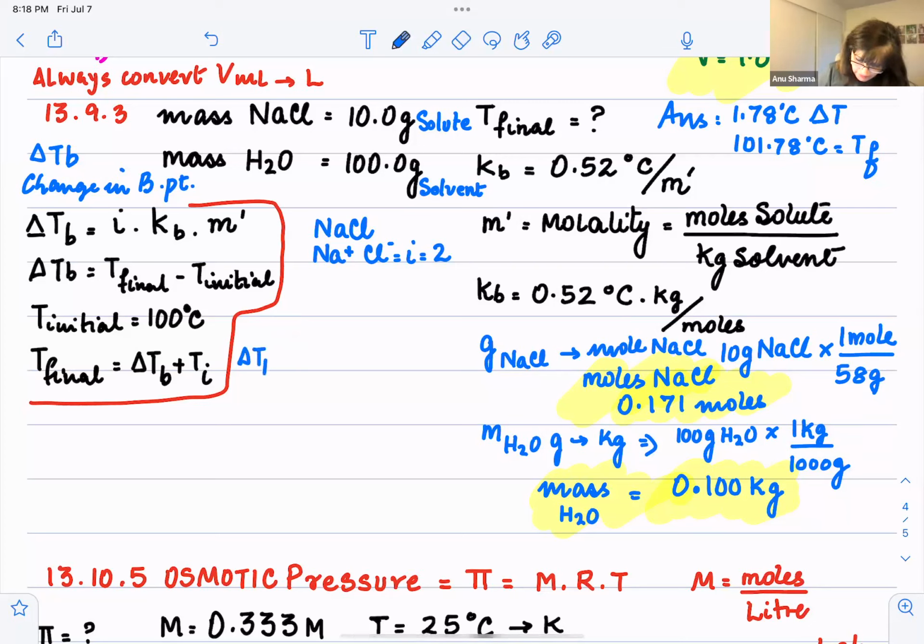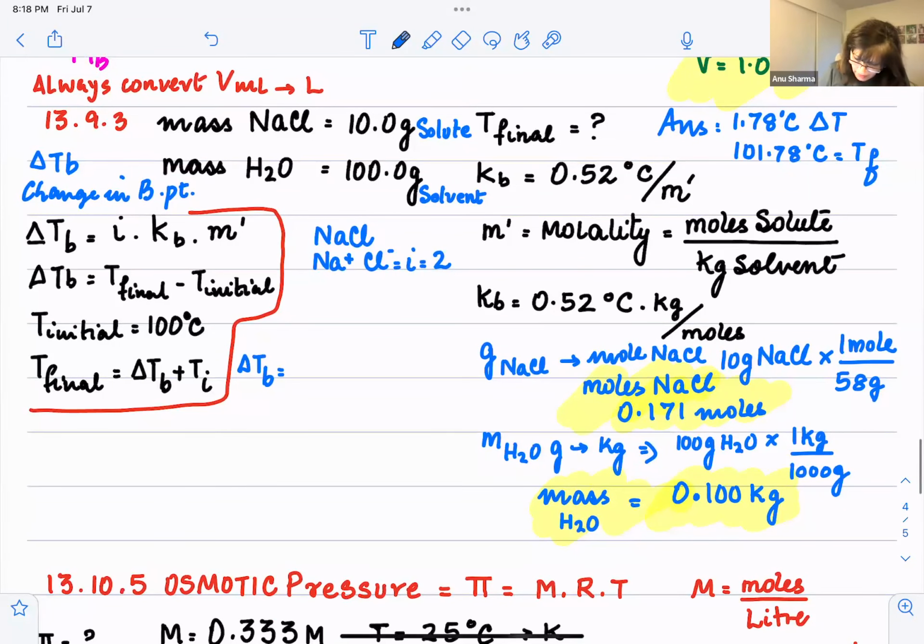Delta TB is equal to, the formula is i times KB times molality, m.